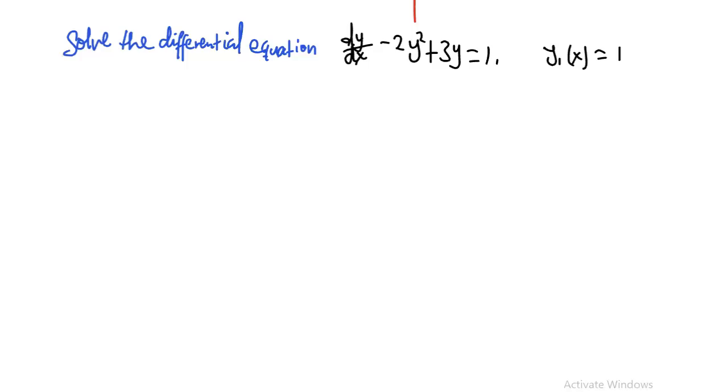So take the given differential equation. Solve the differential equation dy/dx minus 2y squared plus 3y equals 1, where you are given the initial value y1(x) to be equal to 1. So what are we going to do? Let's have our solution.